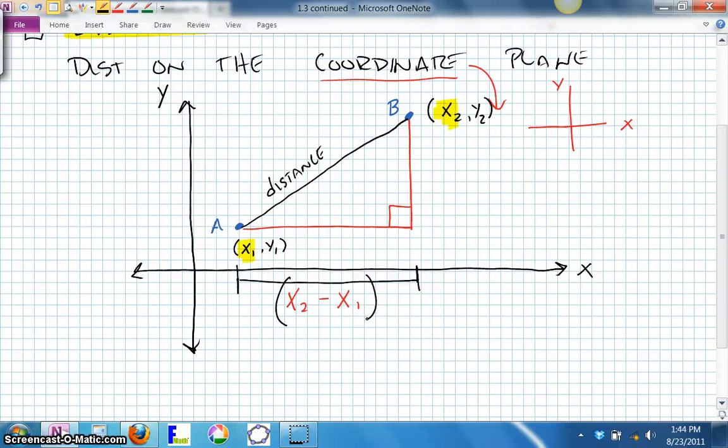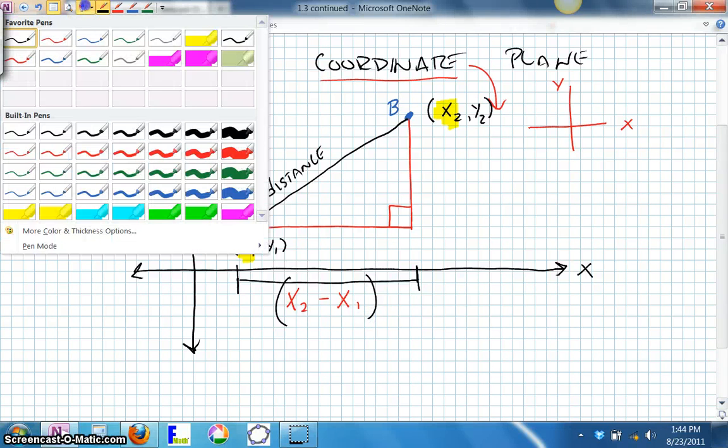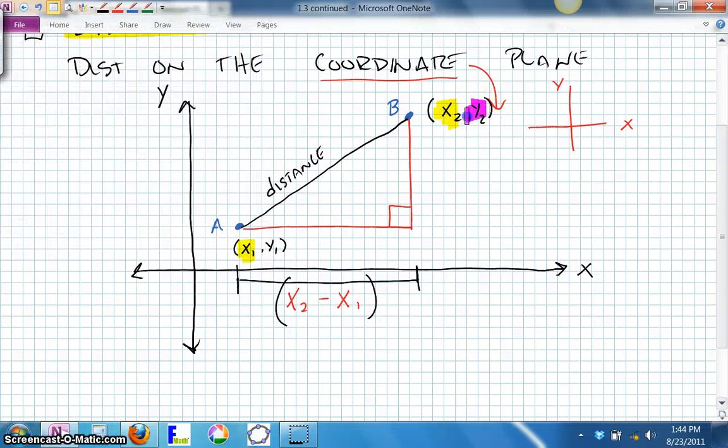The same thing works for the Y's. If I look at Y sub 2 and Y sub 1, that distance is Y sub 2 minus Y sub 1.